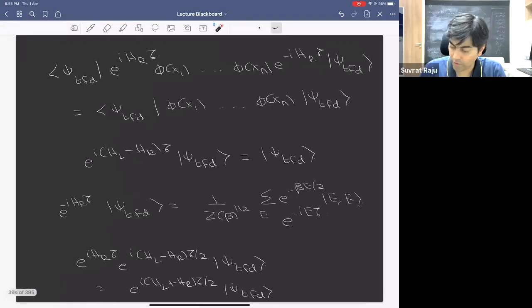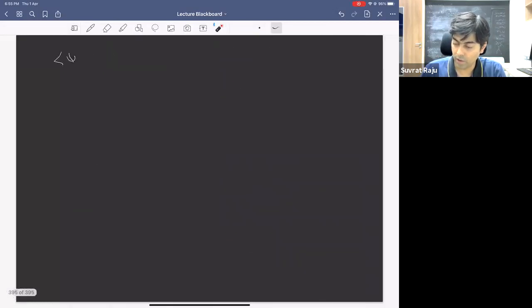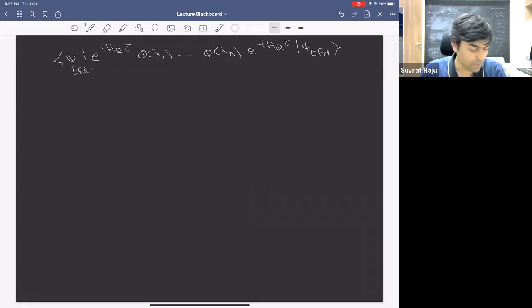So we have this expression now for e to the iHRτ, so let's work out what this is. We have these insertions, and with some simple algebra you will find the following expression.